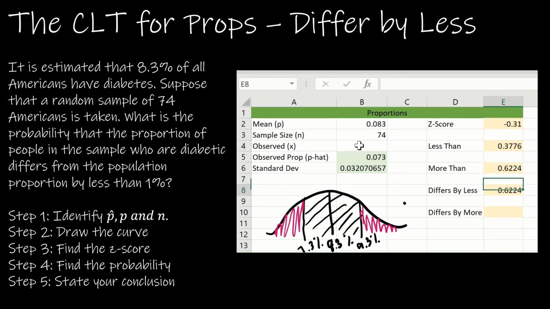And then differs by less, I'm going to take 1 minus 2 times, and then I'm going to go norm S dist, and then my z-score to the left. So I'm finding the area to the left of my z-score. I'm doubling it to give me both pink regions, and then I'm taking it away from 1. Now, keep in mind, essentially what I've done is I've doubled this value and taken it away from 1. So that makes perfect sense.